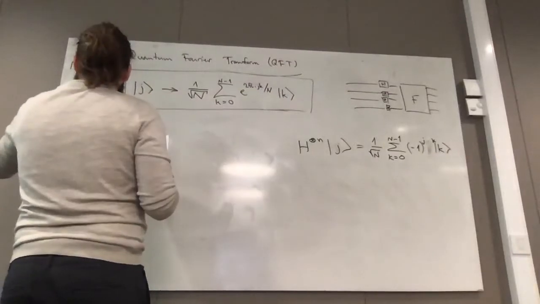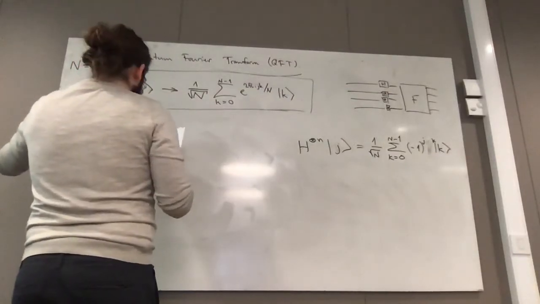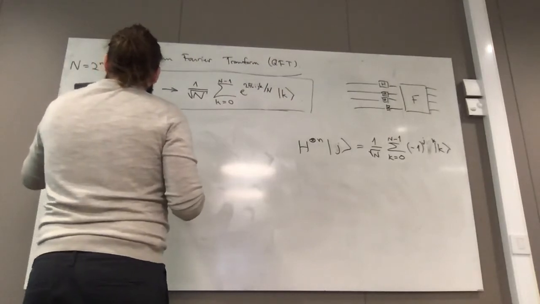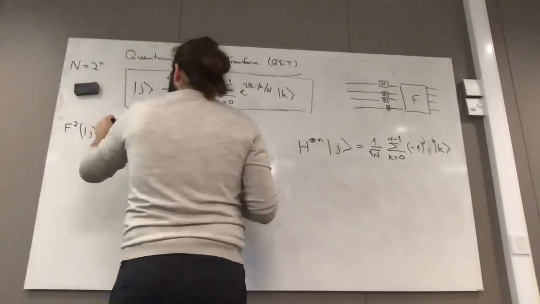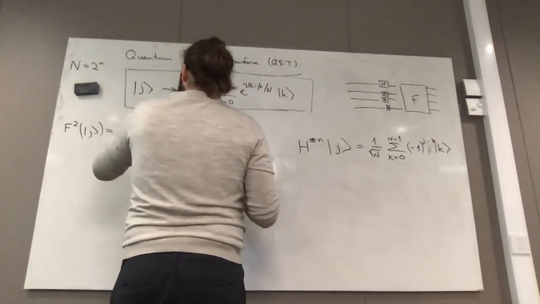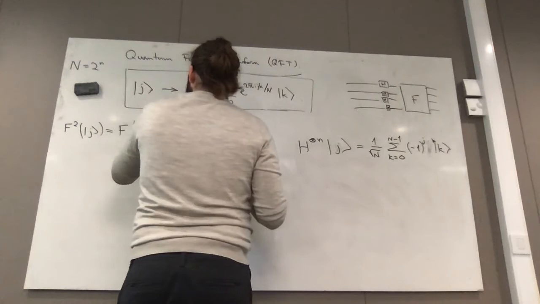All right, I wanted to answer the question, what happens if you Fourier transform something twice? I'll use this notation because that's what I used when I investigated this. That's F of j.